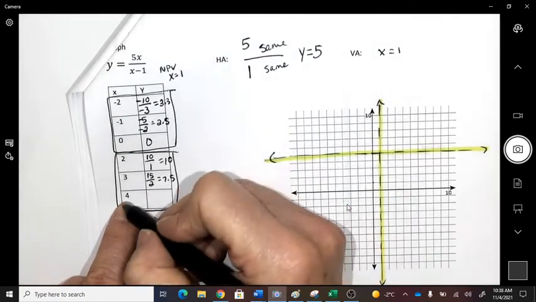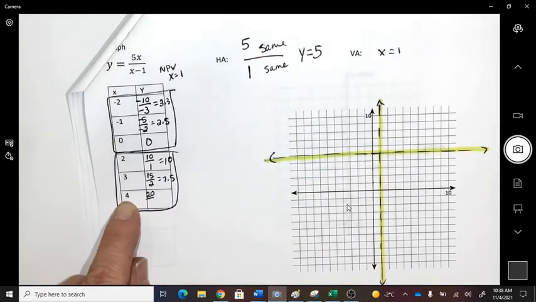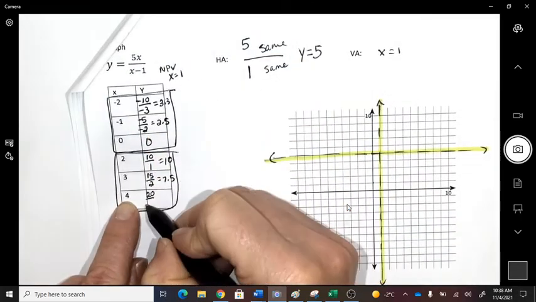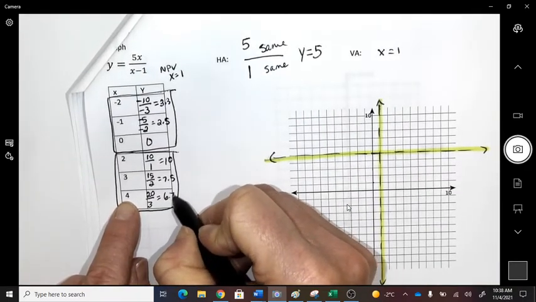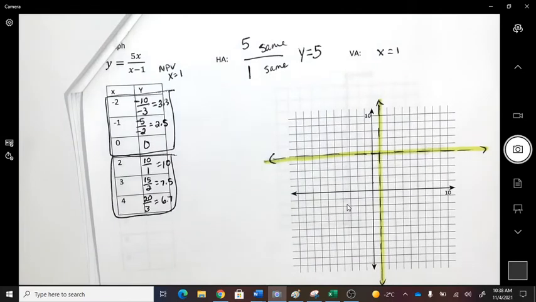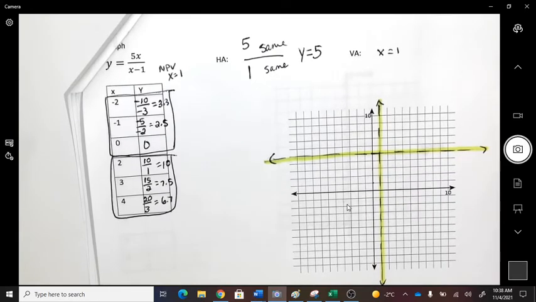Plugging in a 4 makes the top 20 and the bottom 3. What do we get there? Should we do 6.7? Is that okay? Because when you're graphing, you don't have to go to 3 decimal places, right? Everything else in this course is always 3 decimals, but obviously I'm not going to graph 6.666 versus 6.7 on a graph. Okay. I don't have any holes to worry about, right?